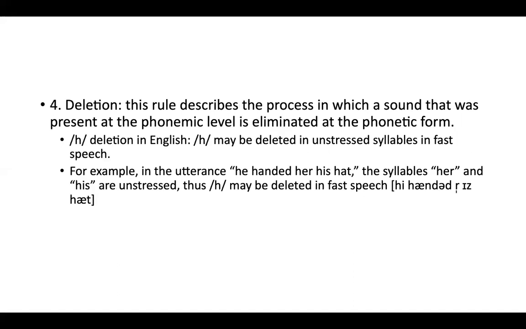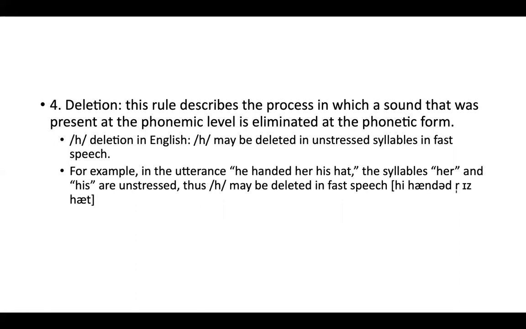A fourth phonological rule is deletion. This rule describes the process in which a sound that was present at the phonemic level is eliminated at the phonetic form. For example, in English, we have h deletion, and this rule says the h sound may be deleted in unstressed syllables in fast speech.